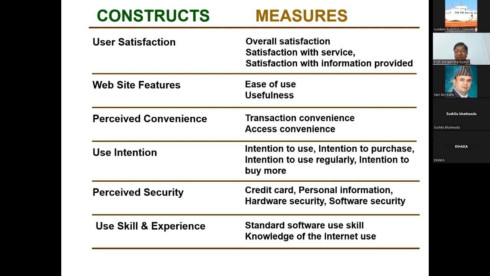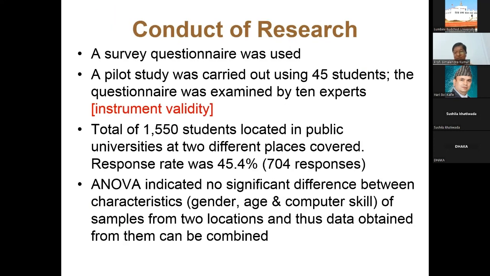Perceived security: credit card, personal information, hardware security, software security; user skill and experience: standard software use skill, knowledge of internet use. So these are some of the things we can understand about it.